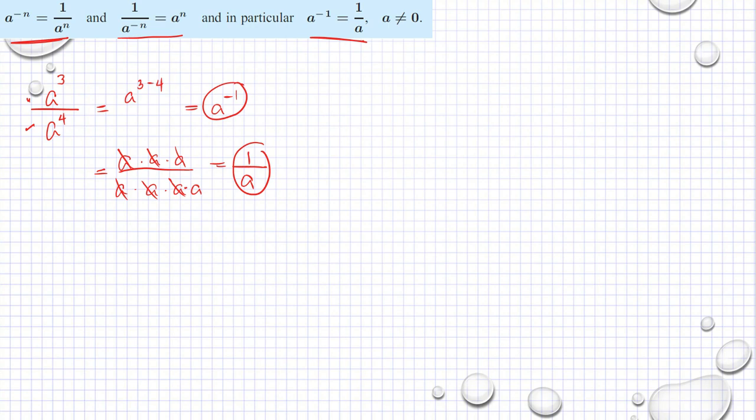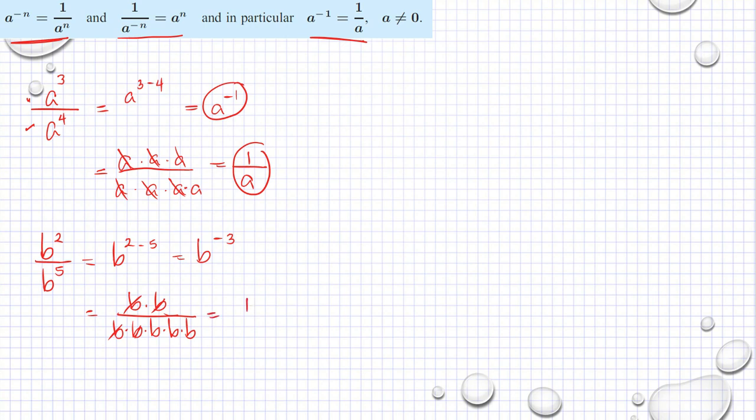Let's take another example. b raised to 2 divided by b raised to 5. Then we have b raised to 2 minus 5, which is b raised to negative 3. If we expand both the numerator and the denominator, b times b, and then b times b times b times b times b, then this will be 1, this will be 1.